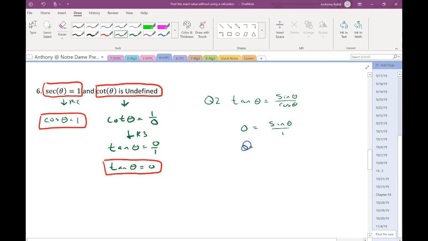So sine theta is just 0. And if I use my reciprocal, R4, what's the reciprocal of 0? It's not 0, it's undefined.